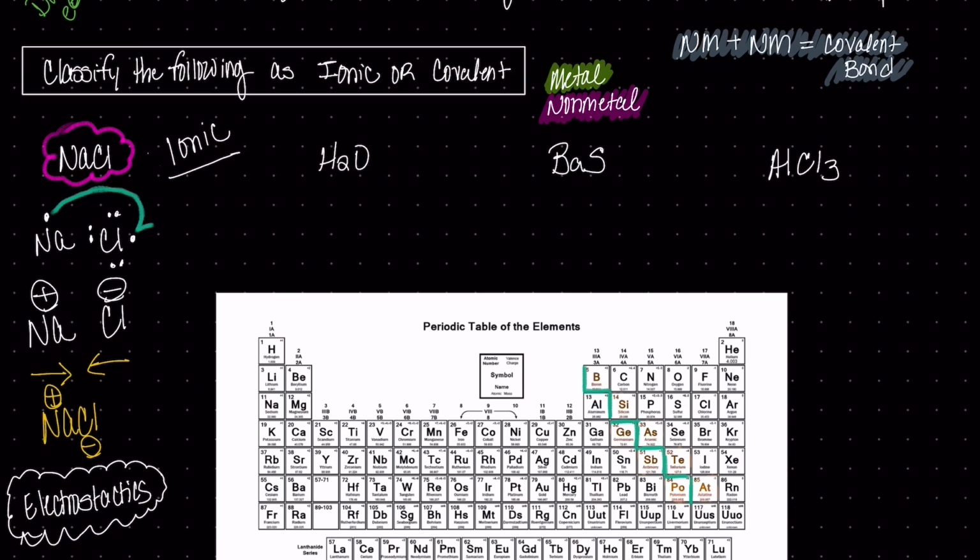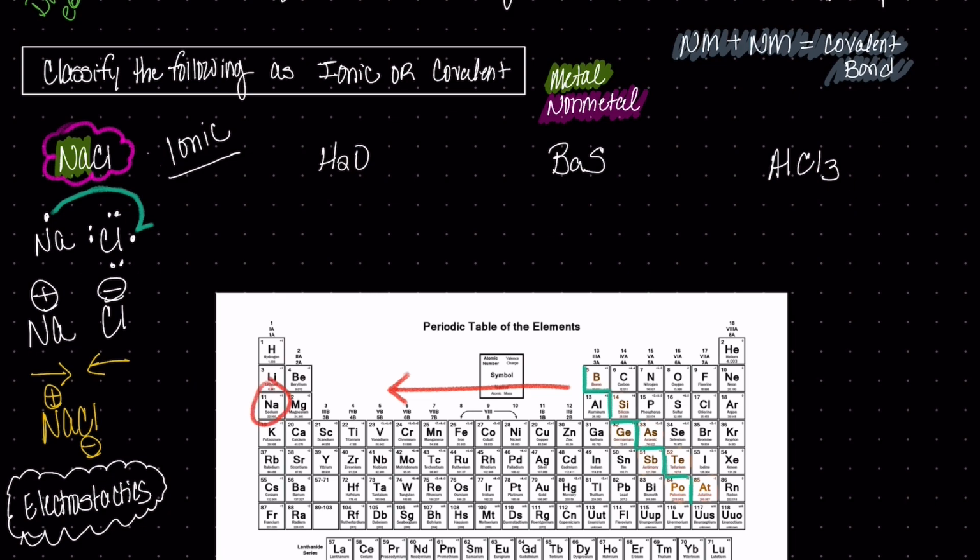I know sodium chloride, NaCl, is a metal and a non-metal because sodium here is on the left-hand side of the staircase. Anything to the left is a metal, and there sits sodium squarely right there.